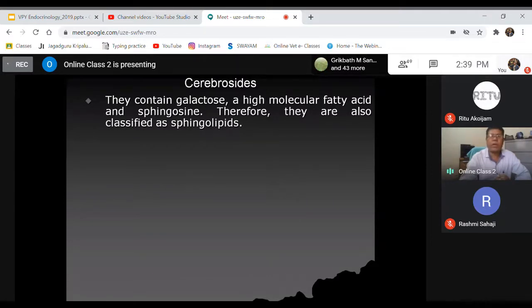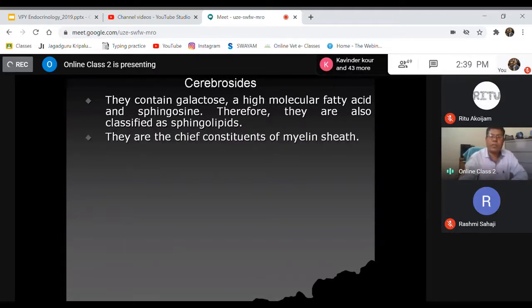Therefore they are classified as sphingolipids, because here the alcohol present is sphingosine. Those lipids which contain sphingosine as the alcohol we classify as sphingolipids.